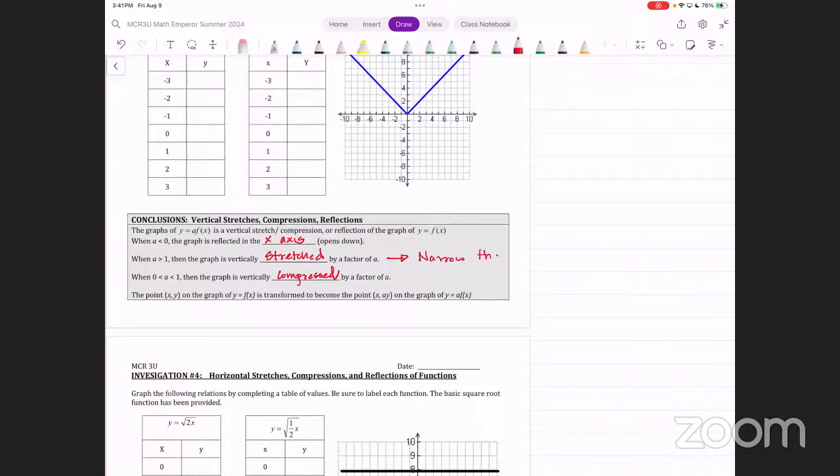Narrower than original, right? Now you have to be careful. These are done vertically. So when you say compress, you're thinking this way. We're not compressing this way. We're compressing this way. Vertical compression. That's why it's going to become wider. When you stretch your graph vertically, the graph becomes narrower because you're holding here and then pushing it this way, stretching it vertically, right?